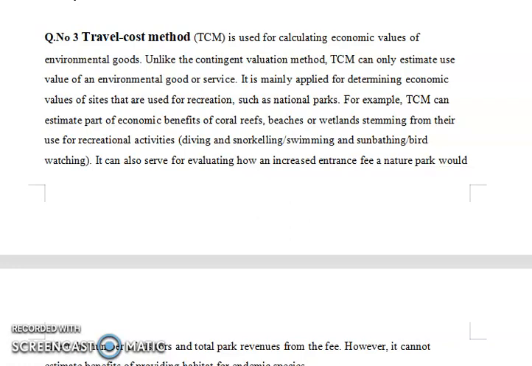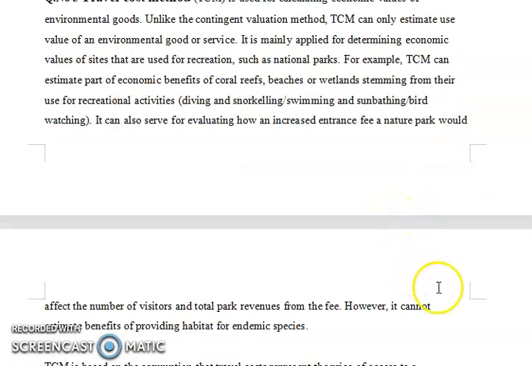For example, the travel cost method can estimate part of the economic benefits of coral reefs, beaches or wetlands stemming from their use for recreational activity. It can also serve for evaluating how an increased entrance fee at a nature park would affect the number of visitors and total park revenue from the fee.